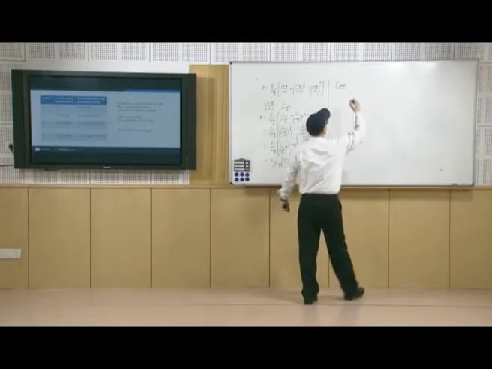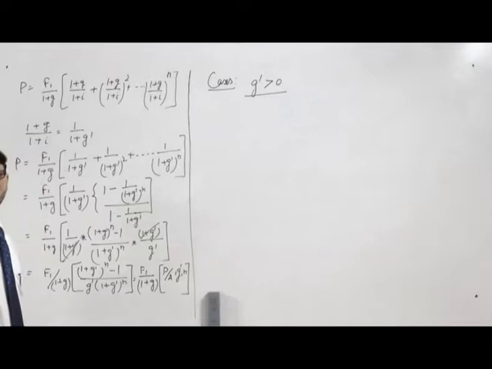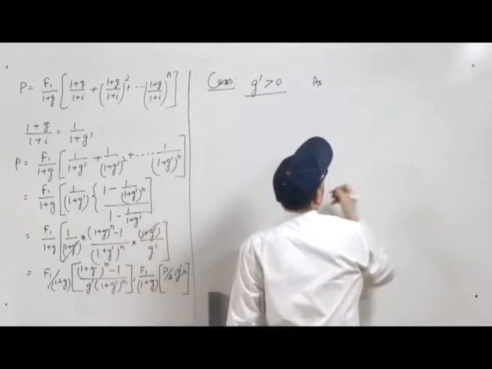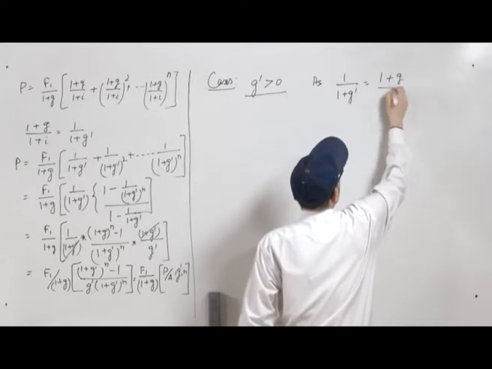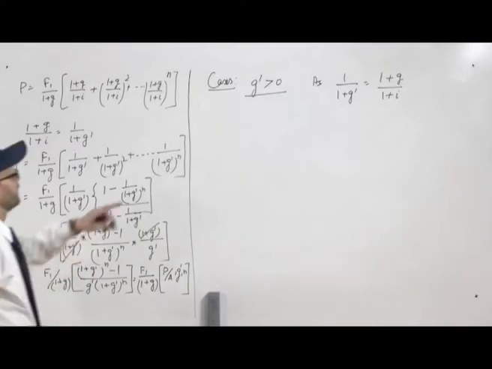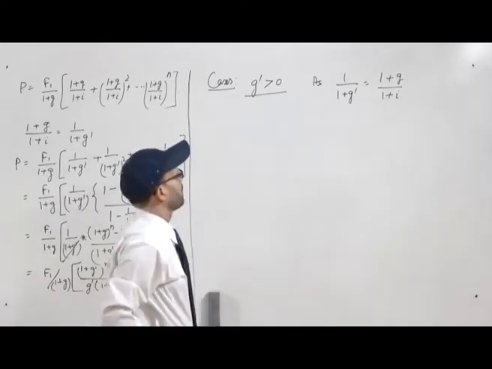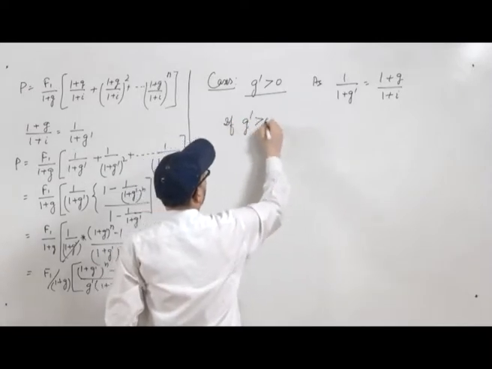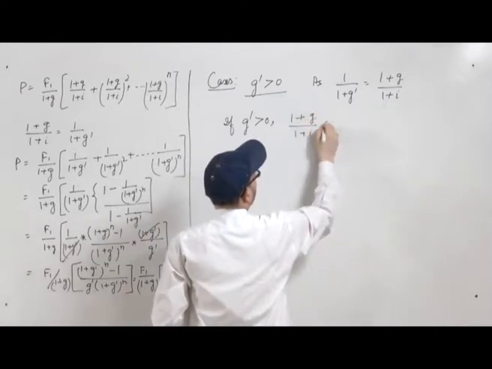Now, let us say if g prime is greater than 0, we know that 1 by 1 plus g prime is 1 plus g by 1 plus i. So if g prime is greater than 0, this quantity will be less than 1.